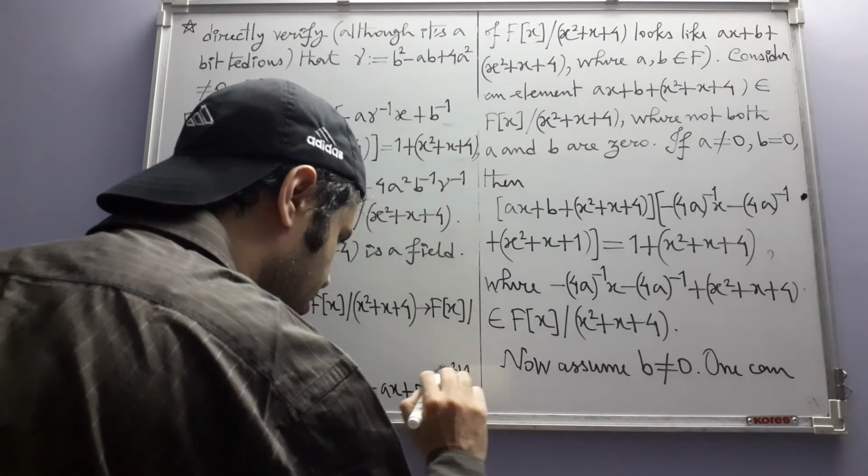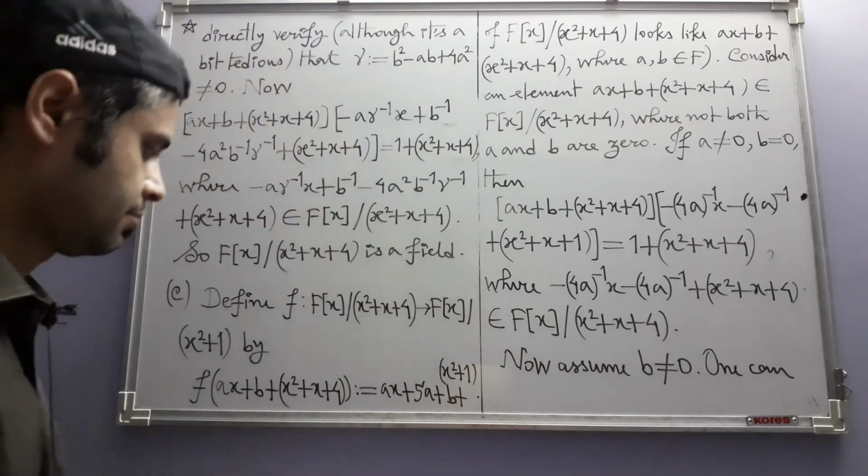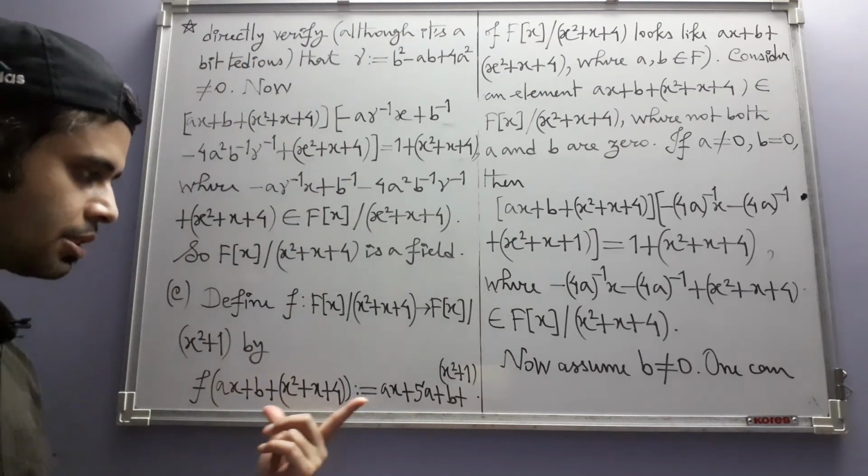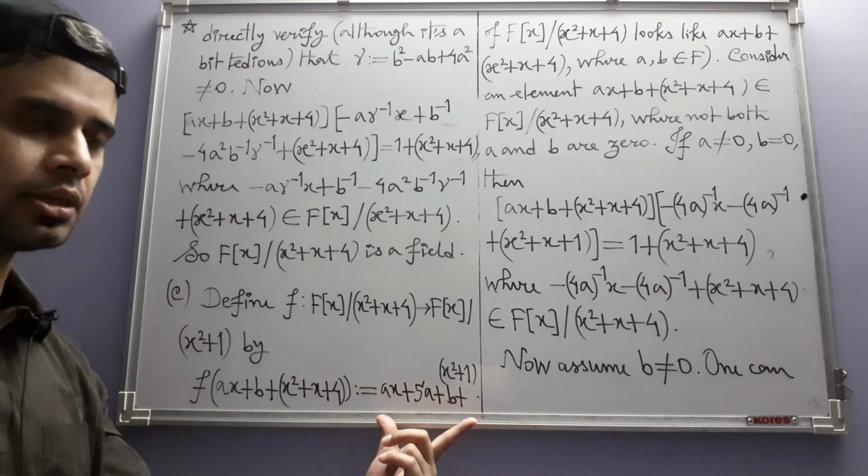Let me write like this, you will understand. So the image of this coset is equal to this coset.